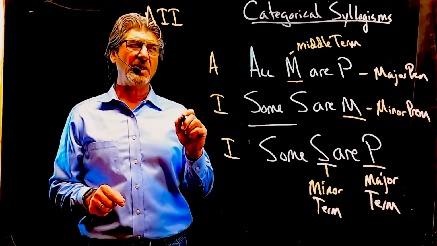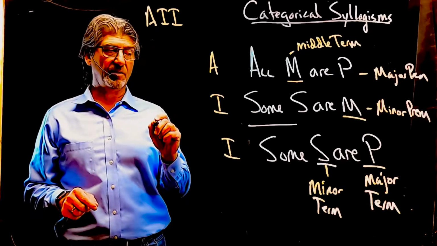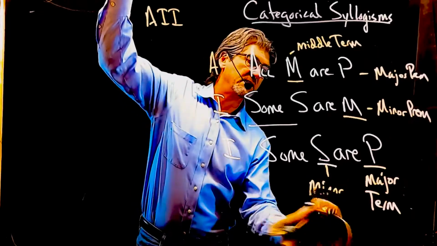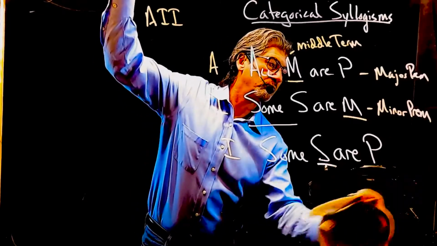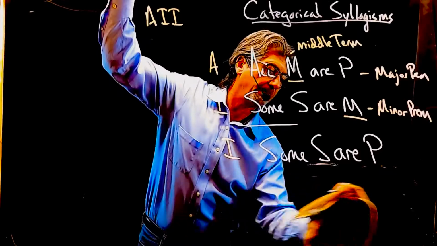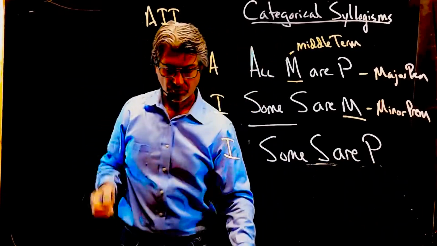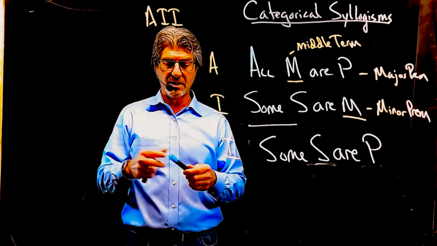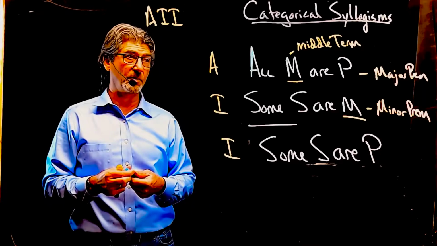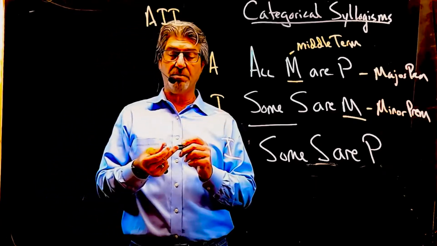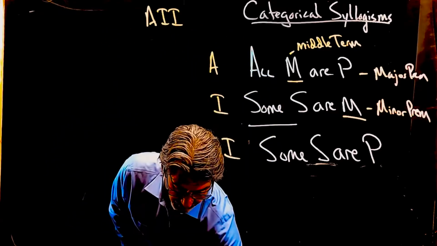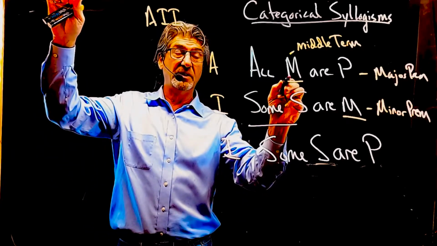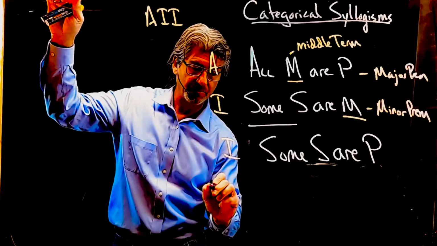Now, we can also identify what we call the figure. And the figure is going to require you to memorize something here. Let me erase this for a second. If you take the possible positions of the middle term, the middle term could appear in the subject of the major premise, like you see here.